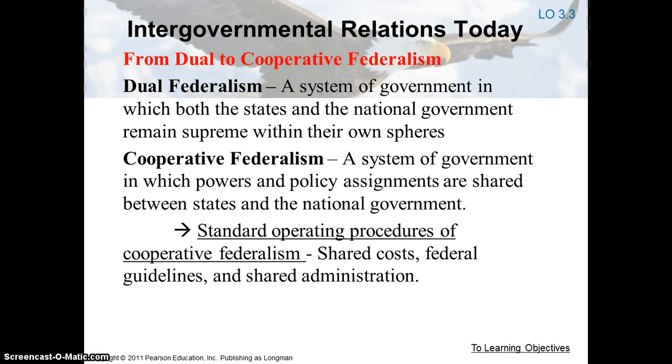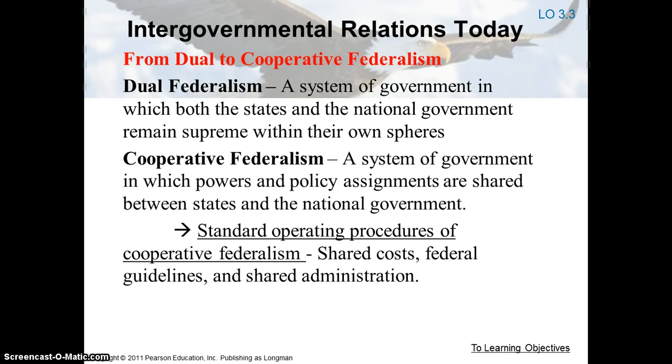again, with the dual federalism, the cooperative federalism, the big thing is down here by the arrow and underlined. The standard operating procedures of cooperative federalism, where you have a sharing of costs, a sharing of guidelines, a sharing of administration. This is what you really want to think of when you come to the federalism system that exists in the United States.